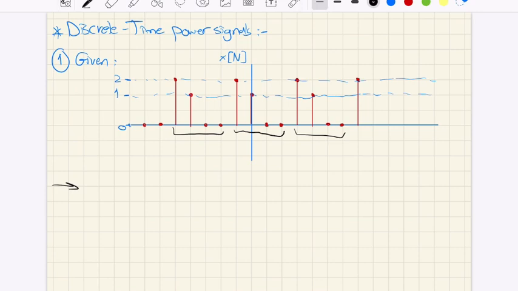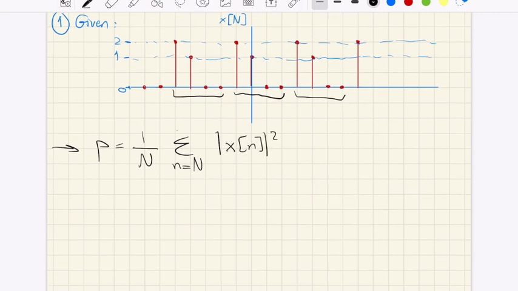And then we can start solving this problem, starting with setting the equation of P, power, equals 1 over N, the summation over N of the absolute value of x of n squared.